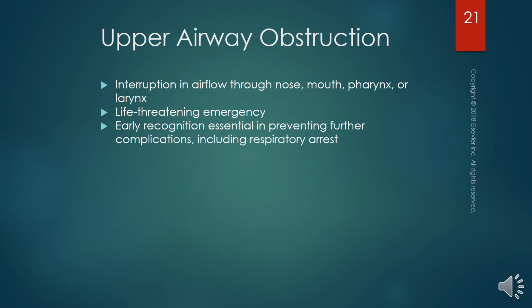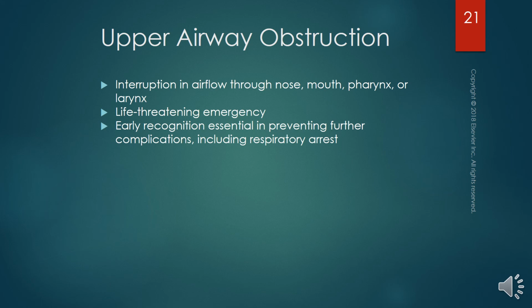So upper airway obstruction, you're going to have a block in the airflow through the nose, the mouth, the pharynx, or the larynx. And these are life-threatening emergencies, okay? So whenever you hear that stridorous sound, it can be a life-threatening emergency, and when it stops, it definitely is a life-threatening emergency.